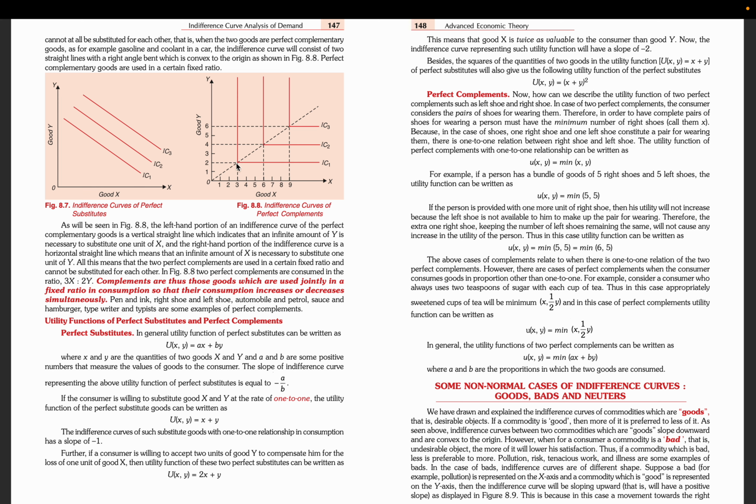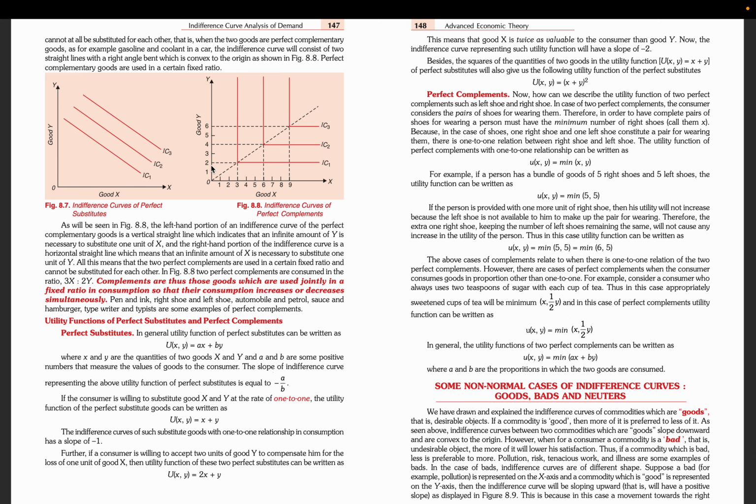So whereas this point will be at, so for this, three goods X are complemented with two goods Y, and this is where the point will be. So similarly 6 for 4, 9 for 6.